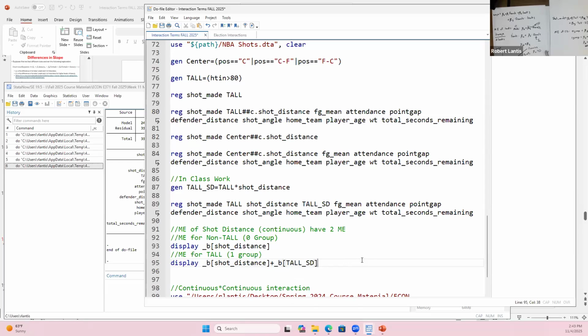But now I have to type all of that, c dot shot distance. It's easy to forget I need a c dot. I might accidentally use double, or it's just maybe a little bit trickier. I just always think creating the variable yourself, you now know what that interaction term variable is called. So when you're trying to use its coefficient, it's a little bit easier to type this out. But it's all personal preference at the end of the day.